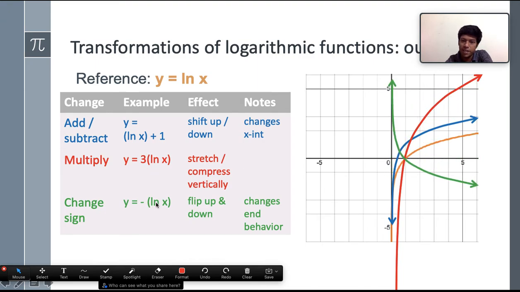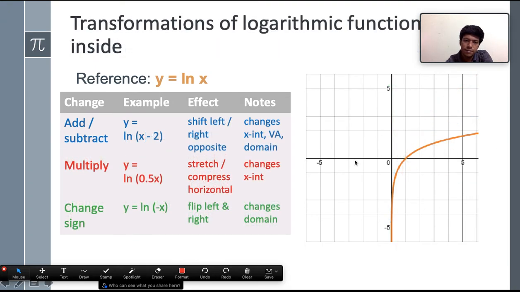And for this negative, see, negative is outside. So if the negative is outside, then the reflection is about the x-axis. Transforming the thing. So left and right, for the negative, it goes to the right 1, 2 boxes. That's why minus 2.